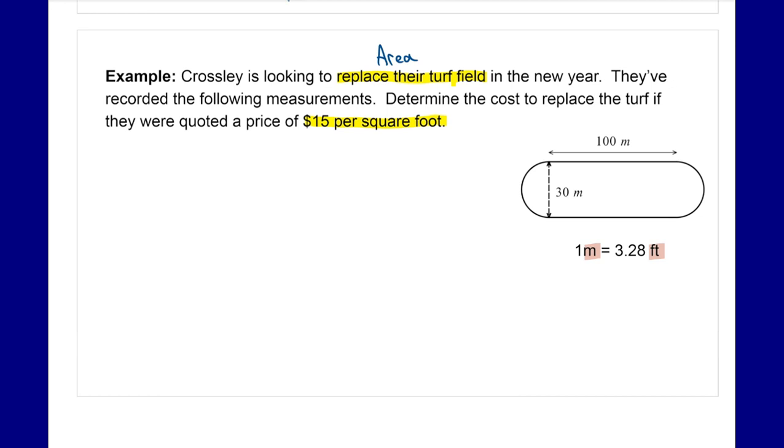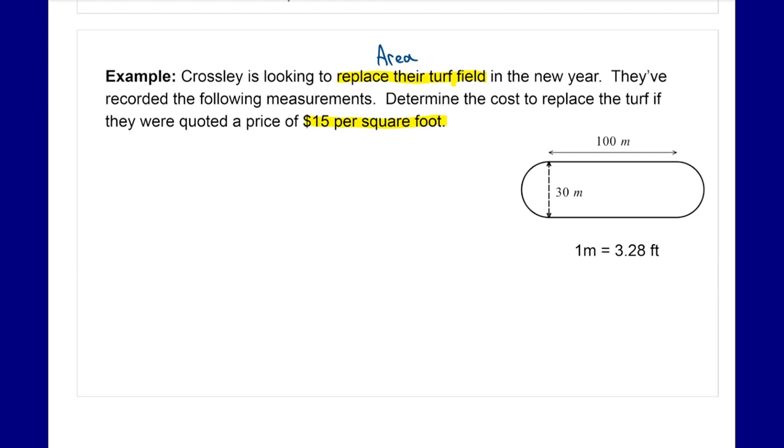So in this case, we have to convert before we figure out the area. If you had a conversion for meters squared to feet squared, then you could do the area first in meters and then convert the final answer, but we don't have that right now.